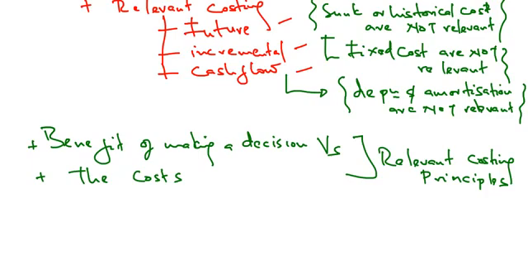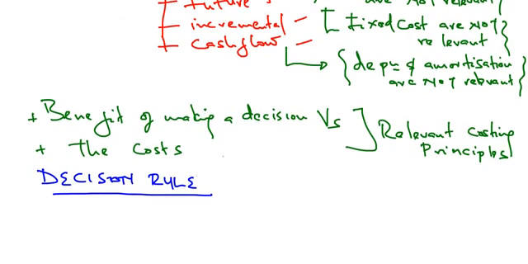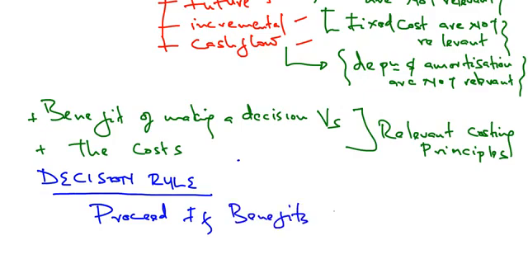And the decision rule is very simple. After you compare these two, the basic decision rule is you proceed if the benefits are greater than the costs.